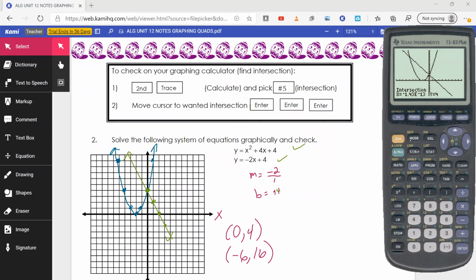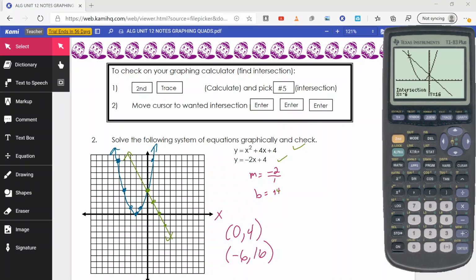Now the other way we can do it, again, second trace, number 5 is calculate, and we're actually going to go over to the left around our curve, and it's just going to follow the curve. Notice the cursor. Once I'm almost to the point of intersection, I'm close enough, I hit enter, and then it'll say second curve, so I go to the right a little bit, hit enter, guess, question mark, intersection, negative 6, 16.